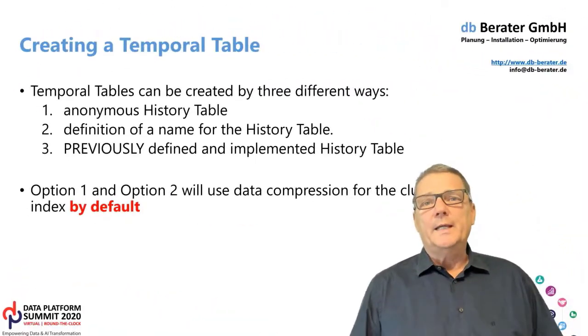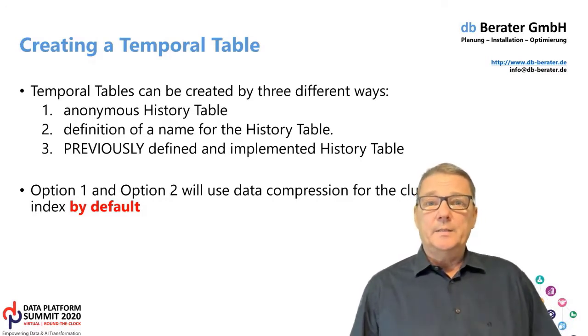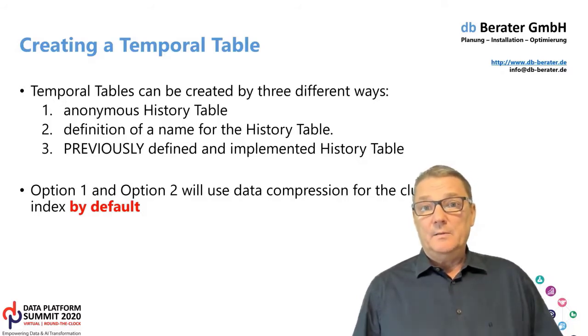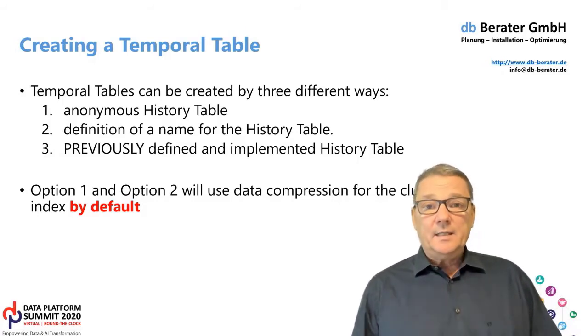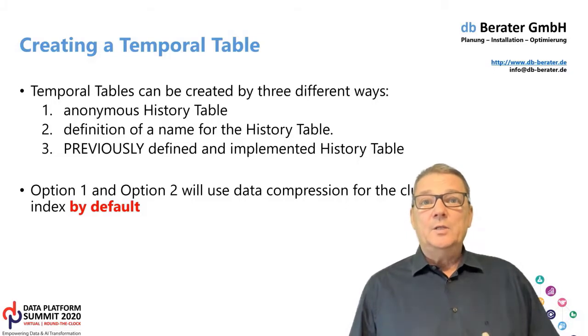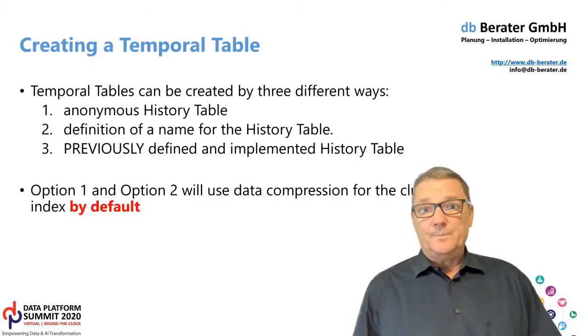When you want to create temporal tables, you have three different options. The first option is that Microsoft SQL Server will create the history table for you, but in an anonymous way, which means the naming convention of SQL Server will be applied. I wouldn't recommend that because I want a clear understanding of my objects and where they belong. The second option is that you predefine the name of the history table SQL Server should use.